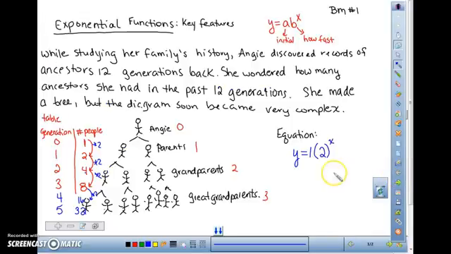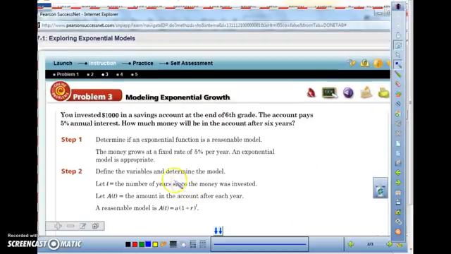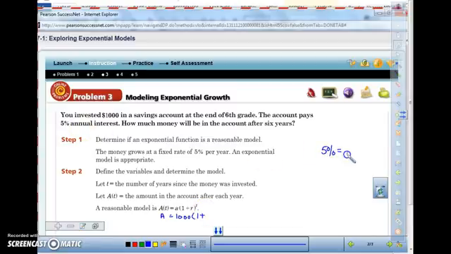Okay, so let's look at that one together. So we're going to use this formula. So A is going to equal, what did we start with? We were starting with $1,000. And then 1 plus our rate. Our rate is 5%. We're going to write 5% as 0.05. 5% means 5 divided by 100.